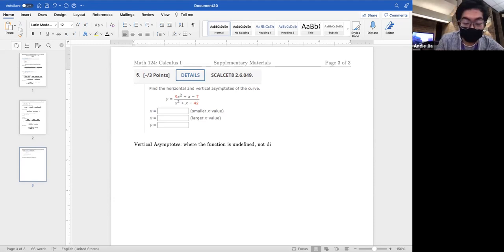Not differentiable is by cases, not normal. Not continuous, always true. Horizontal asymptote is a long-term behavior.